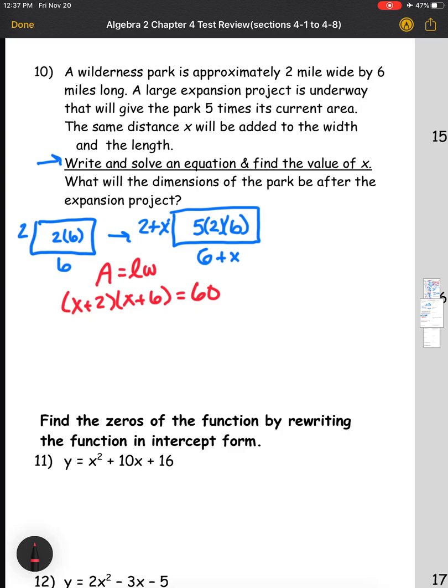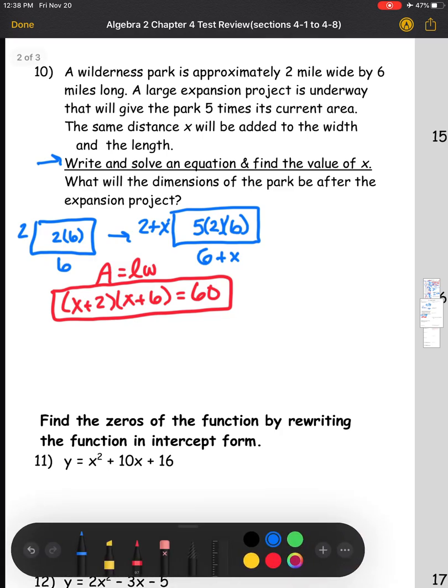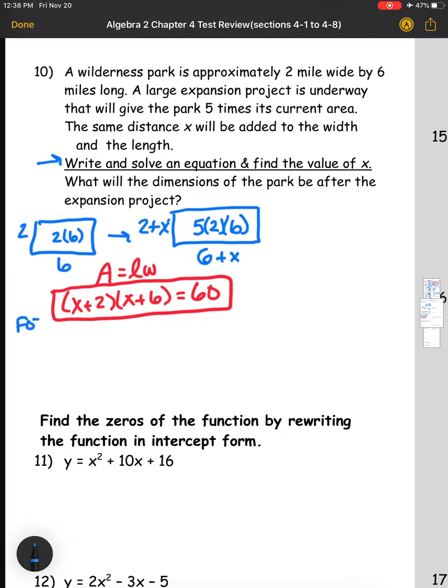Now, that is our equation. That's the first part, but I still have to solve for x and find the new dimensions of this park. So now I need to FOIL. When I FOIL, that is x squared plus 6x plus 2x plus 12 equals 60. And I'm going to combine some like terms.